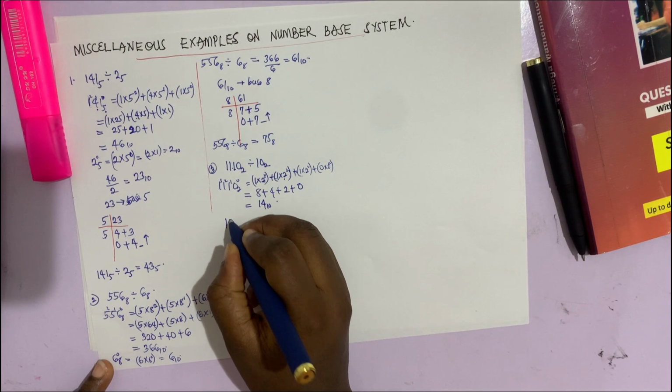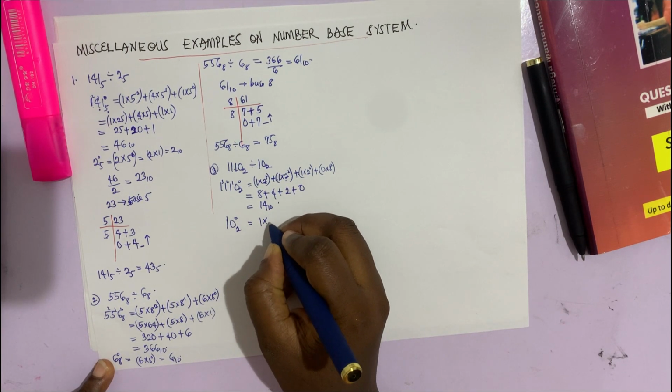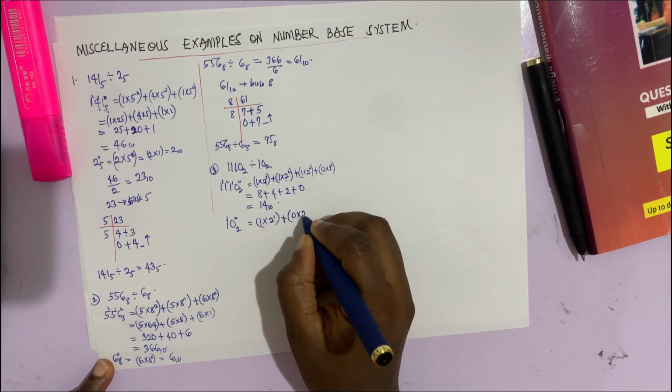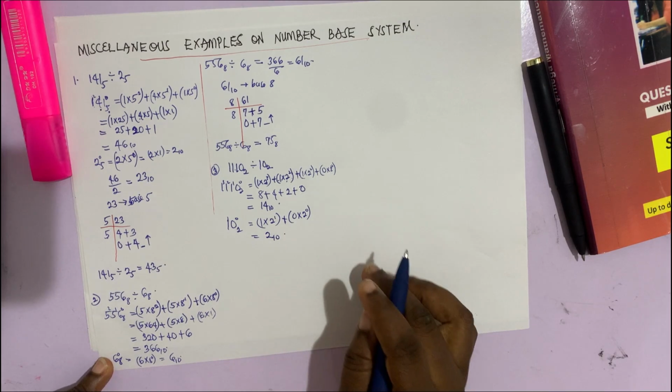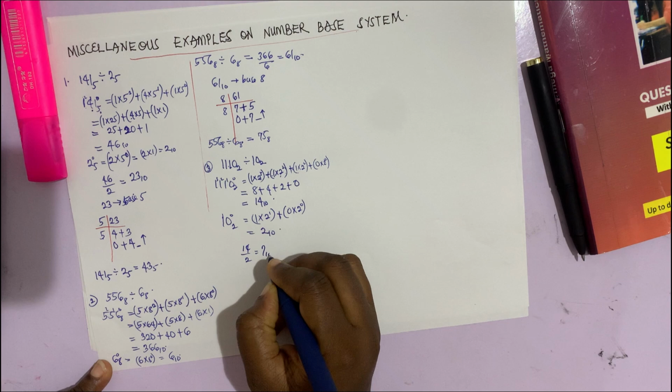And then 10 base 2 will become 1 times 2 raised to the power 1 plus 0 times 2 raised to the power 0. So that's 2 base 10. So 14 divided by 2 will give us 7 in base 10.